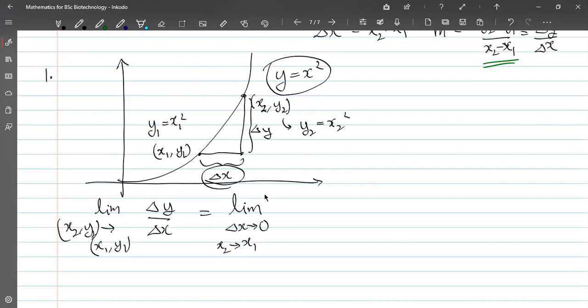Because y is completely determined by x. y is always equal to x square. So if x2 approaches x1, then y2 will approach y1 at the same time. So you don't need to really write it as this point approaches this point. That's equivalent to writing just that the second x coordinate approaches the first x coordinate, or equivalently, the difference between the two x coordinates approaches 0. That's what we want.